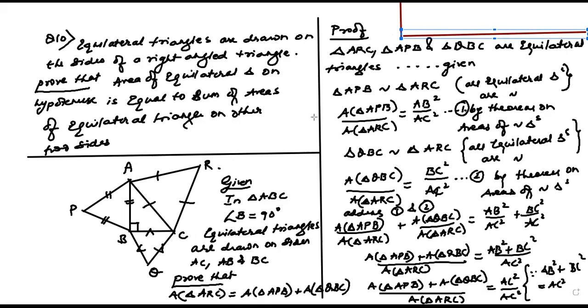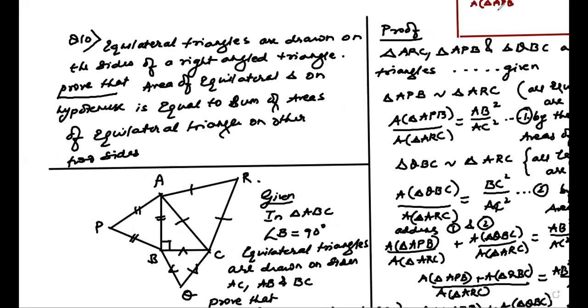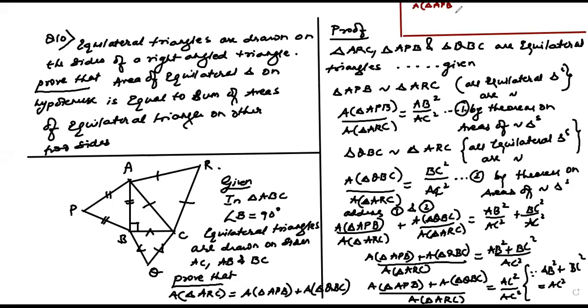People should know. So area of triangle APB plus area of triangle QBC upon area of triangle ARC is equal to 1 upon 1.